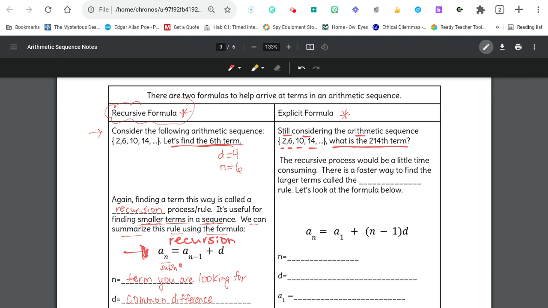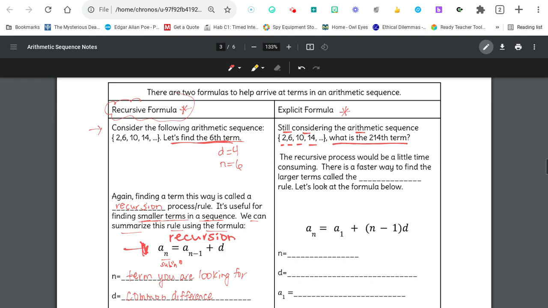Anybody in this room want to keep adding 4 until we get to the 213th term? Anybody? I wouldn't. The explicit formula is going to come in handy when you've got larger terms. The recursive process would be time consuming, so there's a faster way to find the larger terms.